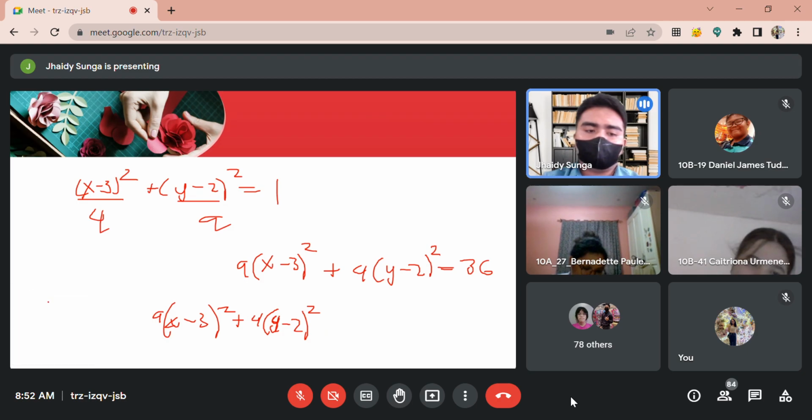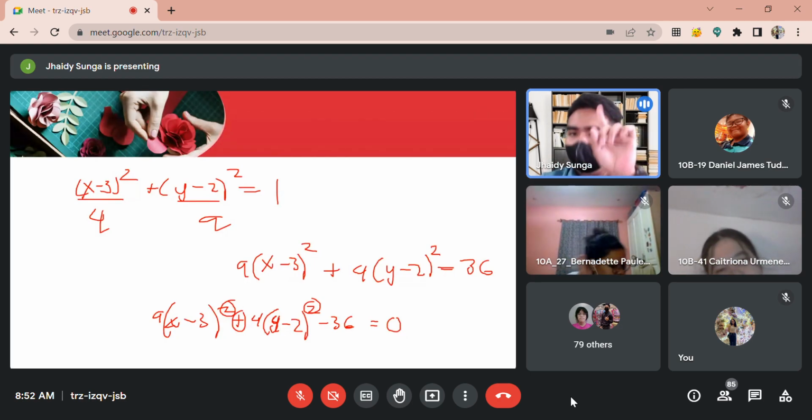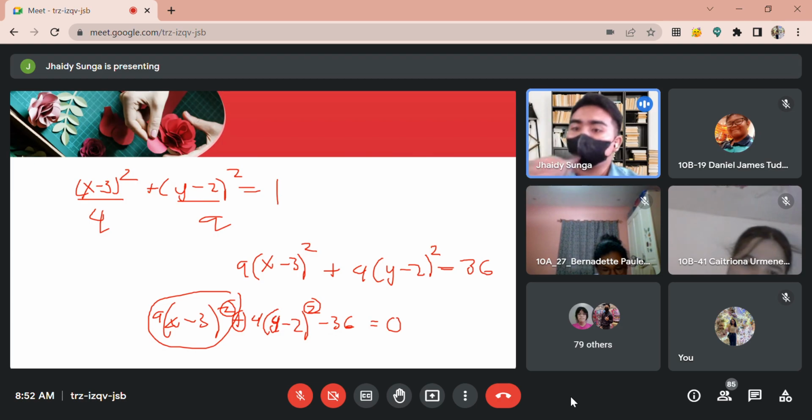So it varies whether it's in standard form or general form. How are we going to find out if it's an ellipse? With the degree. Take note of the degree, and also whether it's positive. In a parabola, it is different. It only has one degree, meaning only your x or y has the square.